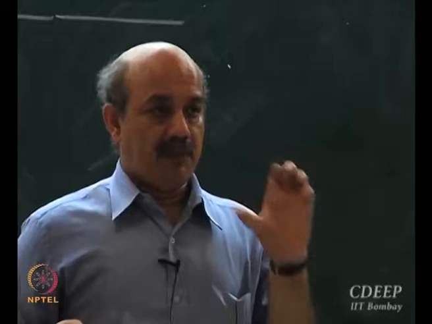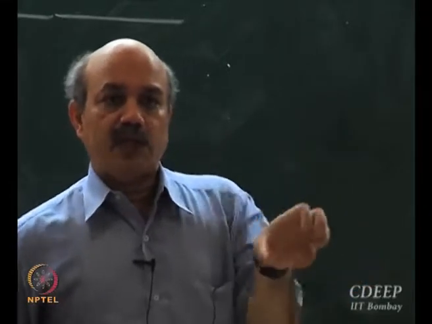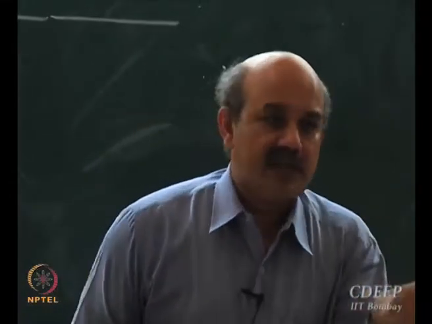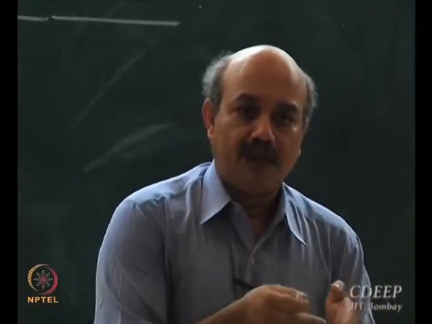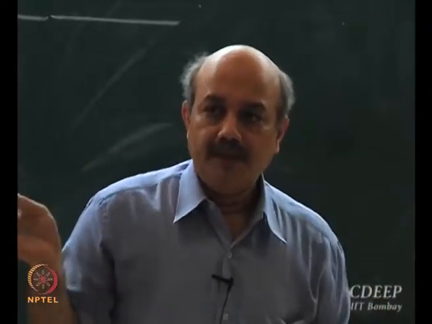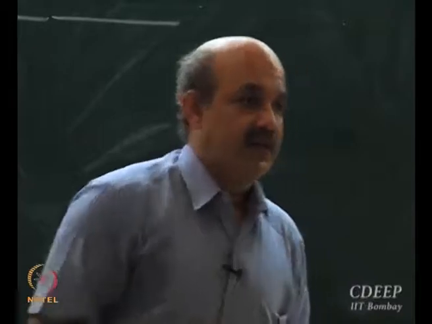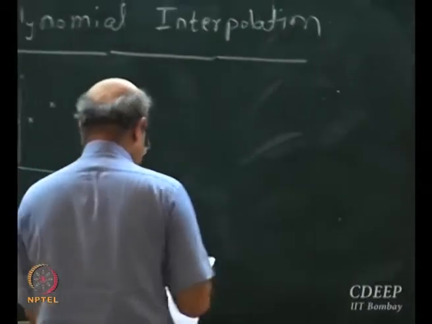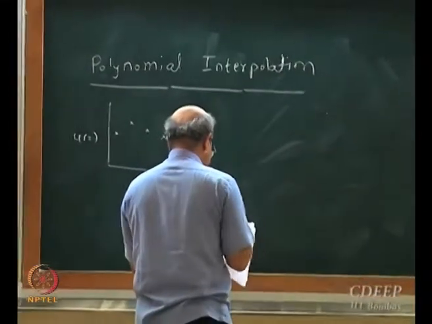If you know about some problem where there is more spatial variation in a particular region, you can put closer grid points there and have sparse grid points elsewhere. That depends upon your understanding of the system. Okay, so let's move on to this polynomial interpolation.